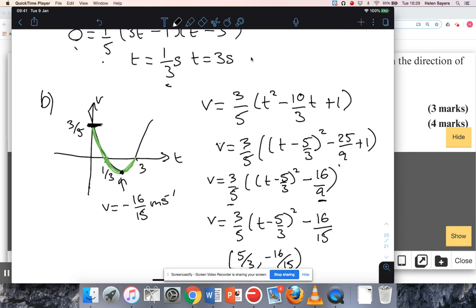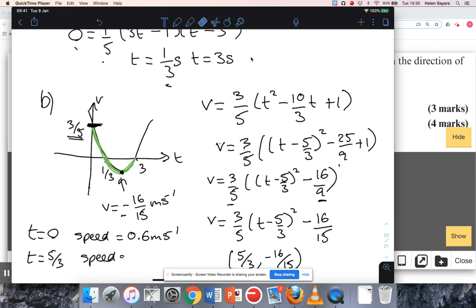And actually that was important because at t is 0, the velocity is 3/5 or 0.6. So the speed is 0.6. But at our vertex, so at t is 5/3, the velocity is minus 16 over 15.